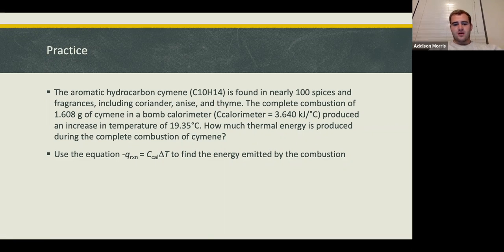As a side note, in all these equations with calorimeters, the temperature will most commonly be in Celsius, or whatever is given. Give yourselves a second to do that. You should have gotten negative 70.43 kilojoules, negative because it's being emitted, it's leaving the substance.